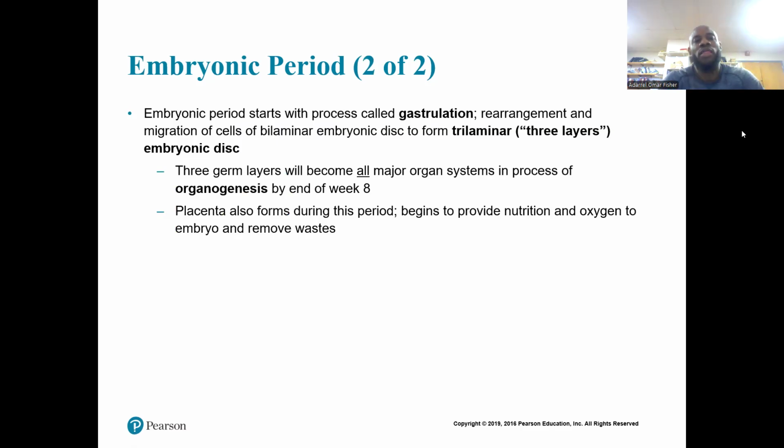Embryonic period starts with a process called gastrulation. We rearrange, migration of cells of the bilaminar embryonic disc to form trilaminar embryonic disc. Trilaminar, 3 layers. These 3 germ layers will become all the major organ systems in the process of organogenesis.